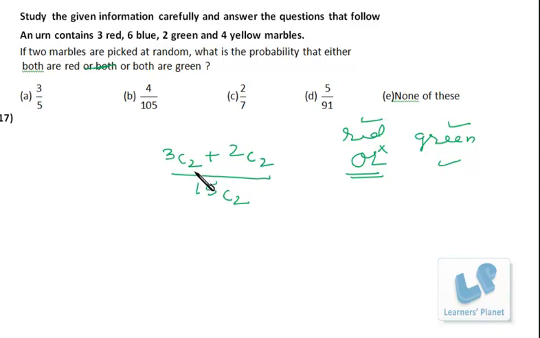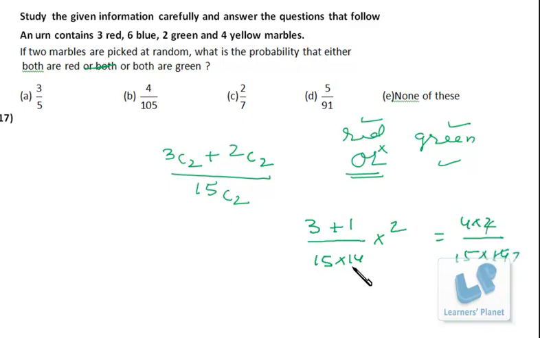Now we just have to solve it. 3C2 will be 3, 2C2 will be 1, and 15C2 will be 15 into 14 by 2. So it's 4 into 2 by 15 into 14, or we can say 4 upon 105.